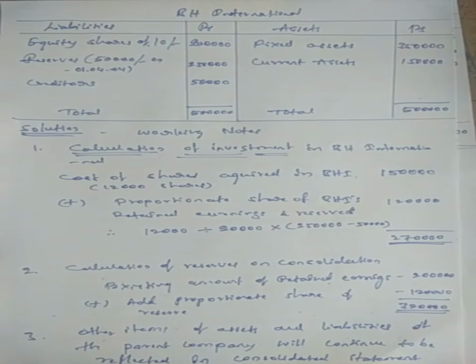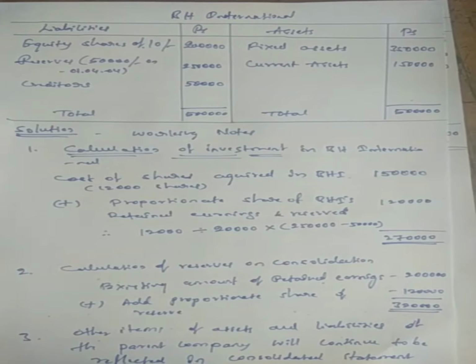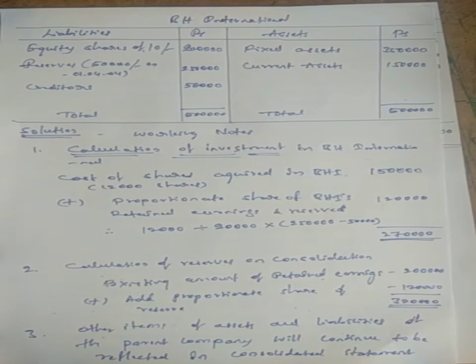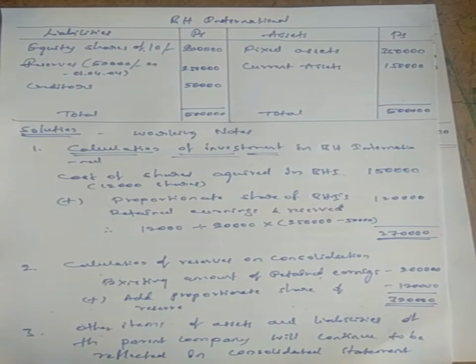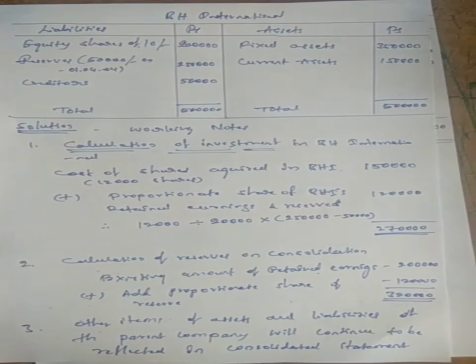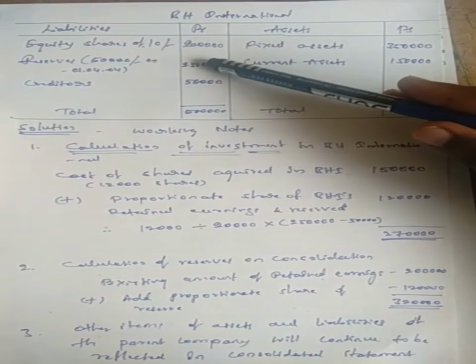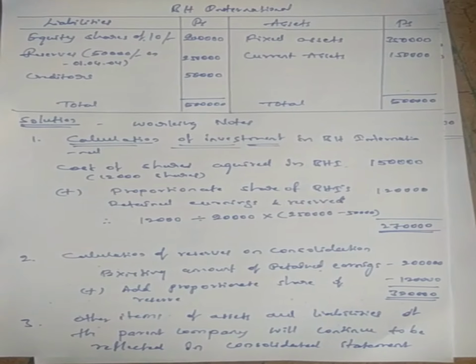And next, the BH International Limited balance sheet. Liabilities: equity shares 2 lakh, reserves, there are two kinds of reserves, as on 1st April 2004, 50,000, and the total amount in the amount column 2 lakh 50,000, creditors 50,000.